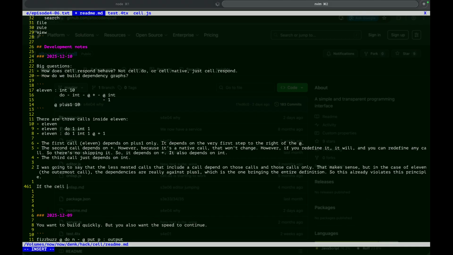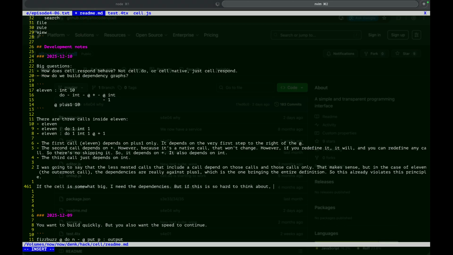If the cell is somewhat big, I need the dependencies. But if this is so hard to think about, what's going on?